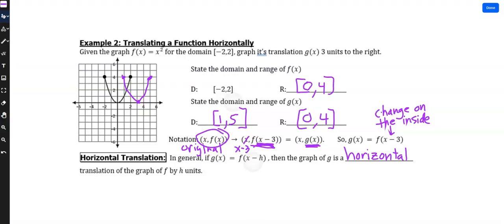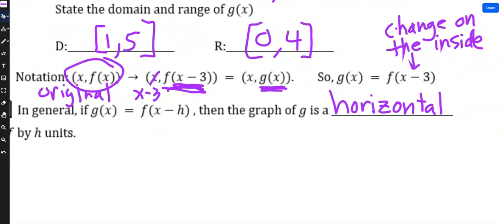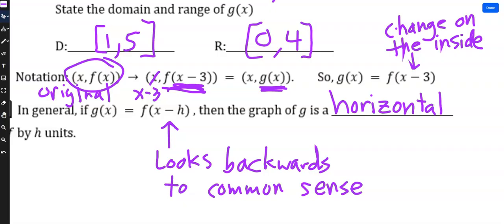But look, our picture was to the right. So that is a little bit confusing, right? It looks backwards to common sense. And so it's really 3 units to the right, even though it looks like a minus 3. We'll talk about it in class because I'm sure that'll come up.